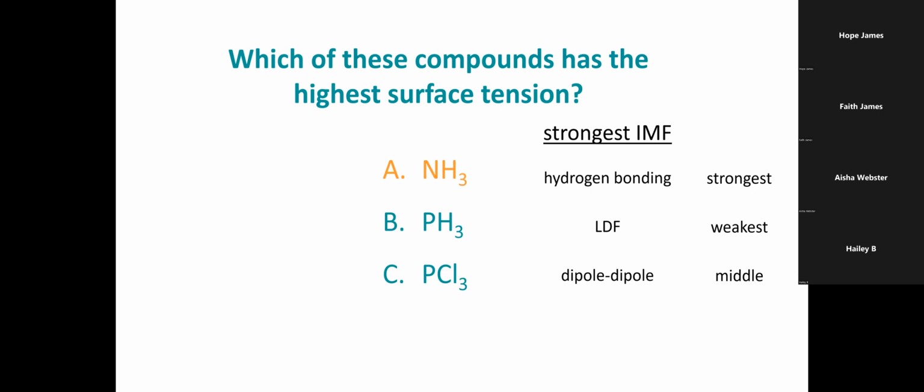What's the overall geometry? How are the bonds distributed? Is it polar? Is it not polar? We have to think about all those things to determine what kind of intermolecular forces are in that compound. And then we have to apply that knowledge about the forces to the properties. So we have to know how the properties are related to the intermolecular forces.